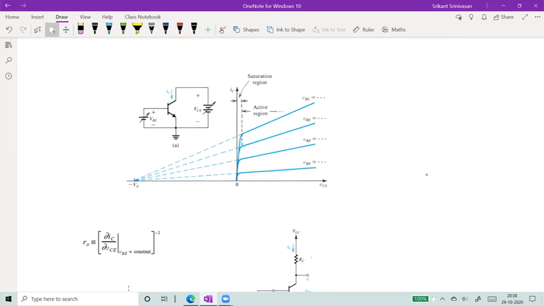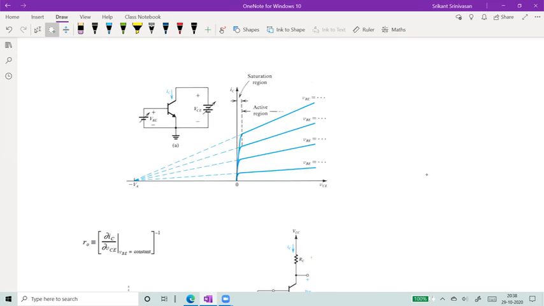I have the common emitter amplifier. This is the emitter terminal because the arrow is pointing out. There is the input side, which is the base emitter junction. The emitter is common, grounded. I'm applying some voltage at the base, and then similarly there is some biasing at the collector side.